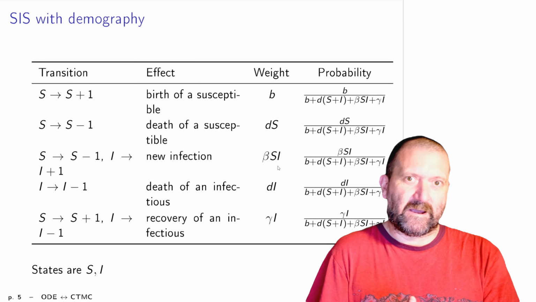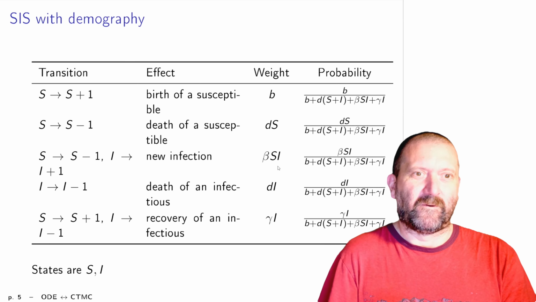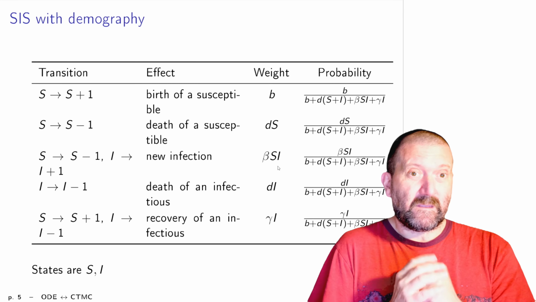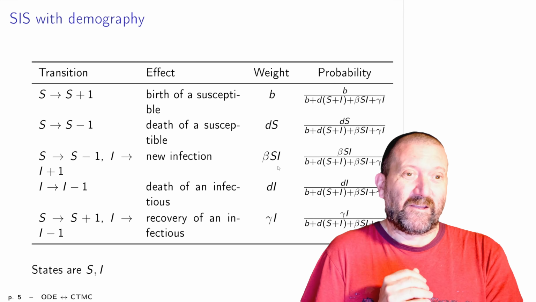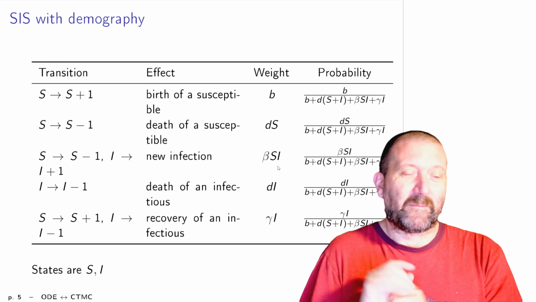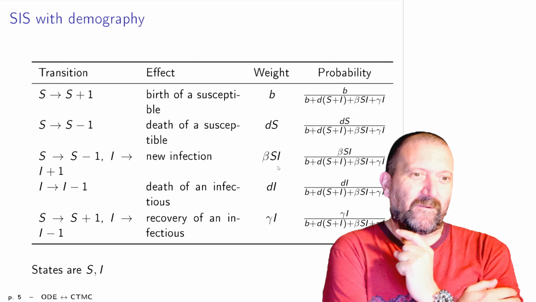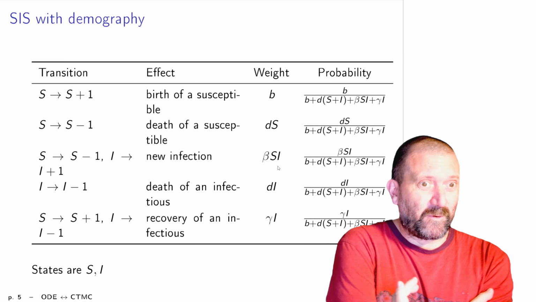One thing I will add before I show you a last example is that the transitions here involve integer numbers of individuals, which is different from an ODE.